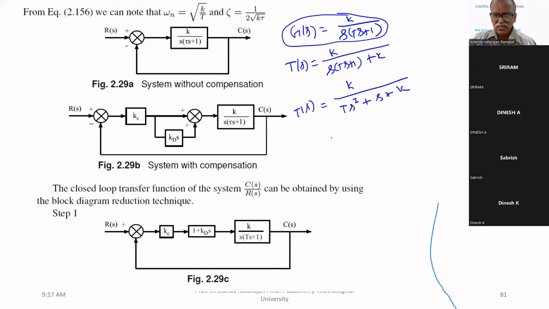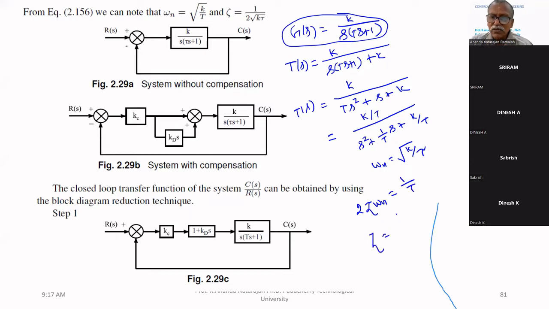So if you write this in natural frequency form, what you will get is K by tau upon s square plus 1 by tau s plus K by tau. Therefore, omega n equal to square root of K by tau, since omega n square equal to K by tau. What is zeta? 2 zeta omega n equal to 1 by tau.